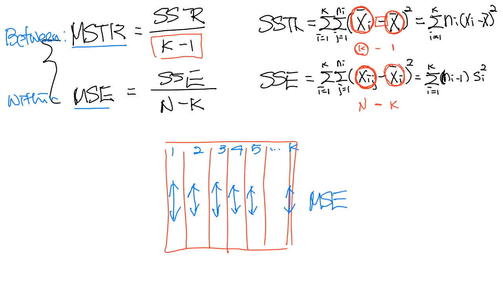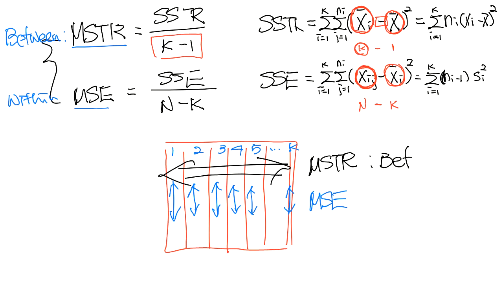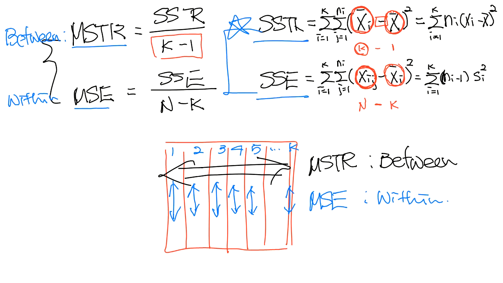But between, let me use a black one, between groups, that is the MSTR. And MSE is within, inside. So please understand the meaning of the MSTR and MSE, and also how we can get them. The formulas are these two with the degrees of freedom. Okay, it's good.